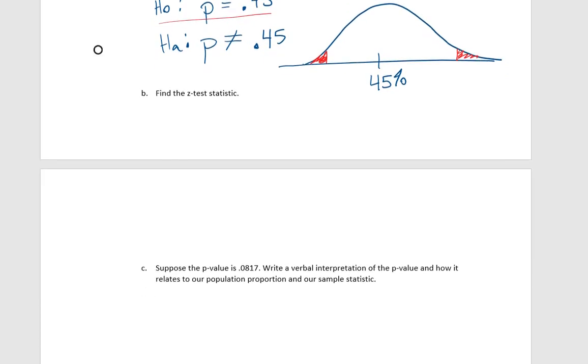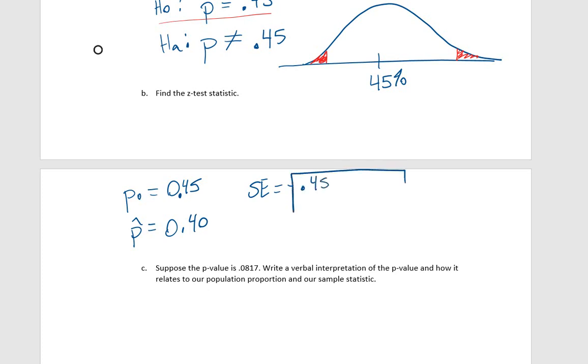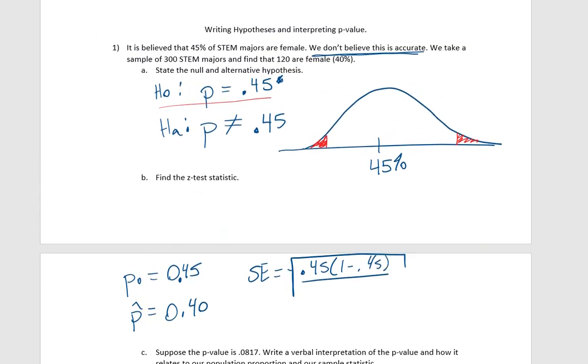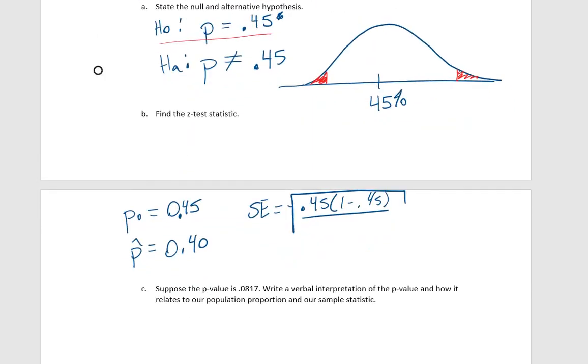All right, the next step is that we want to find the z-test statistic. So remember, P naught, that's the thing that we're testing, is 45%. P hat, what we saw in our sample, is 40%. And then our standard error is going to be the square root of 0.45 times 1 minus 0.45 divided by the size of our sample, which was 300.